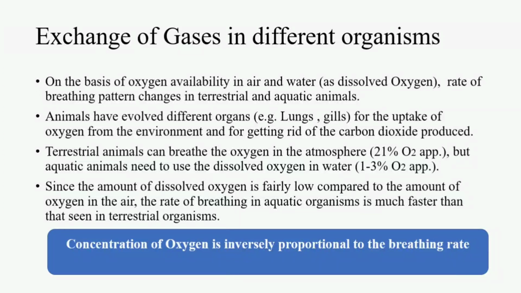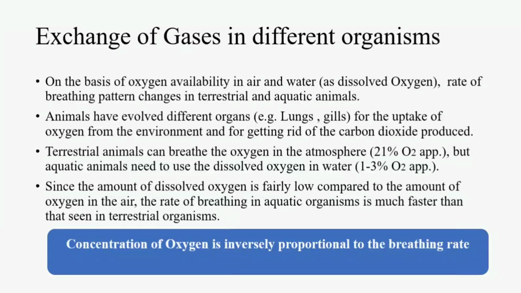In air, around 21% oxygen is present, and in water, oxygen is present in a dissolved state, which is approximately 1 to 3%. Terrestrial animals can breathe in oxygen from the atmosphere, which is around 21%, but aquatic animals like fishes need to use the dissolved oxygen in water, which is around 1 to 3%.